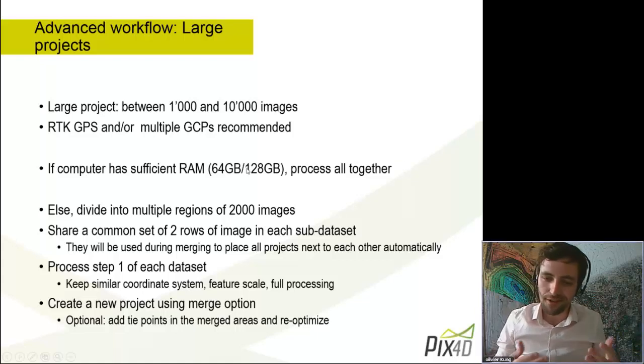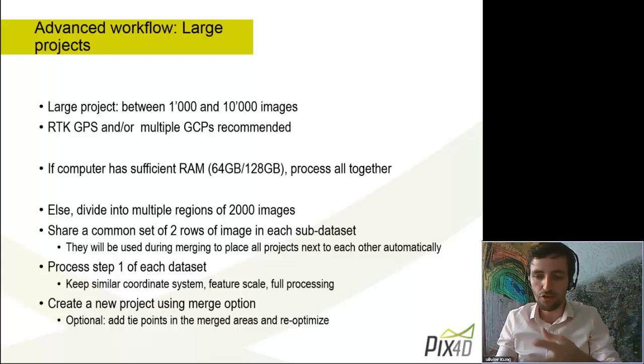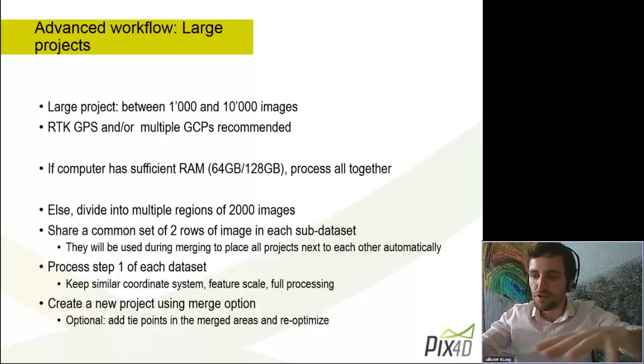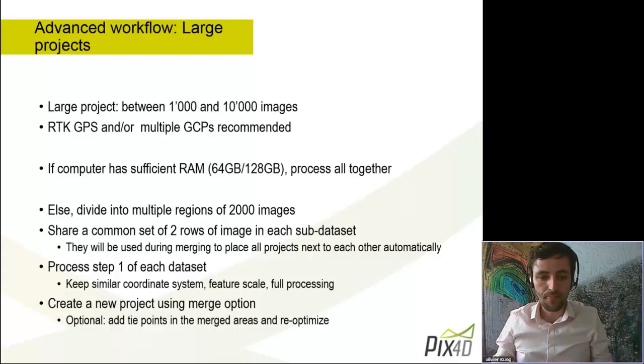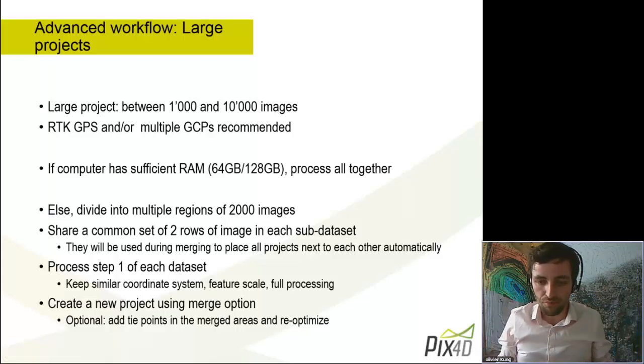However, it's not very often that you have access to machines with such an amount of RAM, or you also potentially want to have more control of your data sets to make sure that no error starts to propagate at different places. Then what we recommend is to divide your, let's say, 10,000 image project into subsets of 2,000 images.